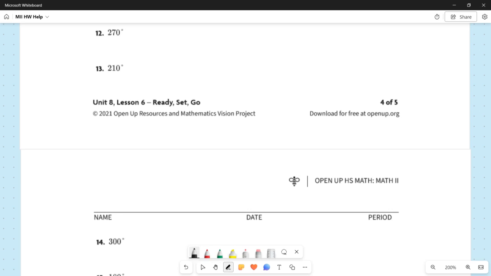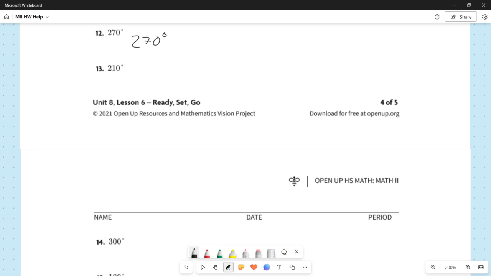The way that we're going to do this is we are going to start with our given angle measurement, which in this case is 270 degrees. And I would strongly encourage you to include the degree symbol in this kind of problem, because it's going to help you keep track of whether we are talking about degrees or radians.